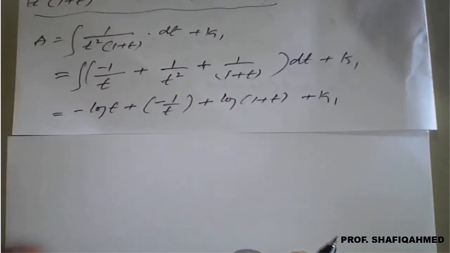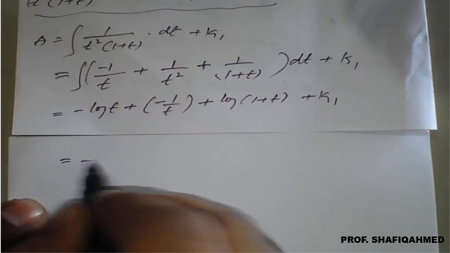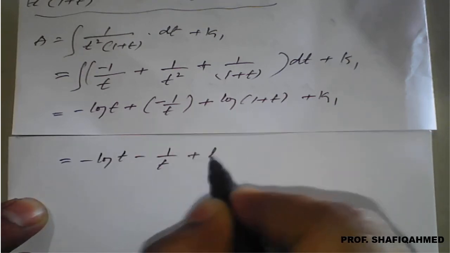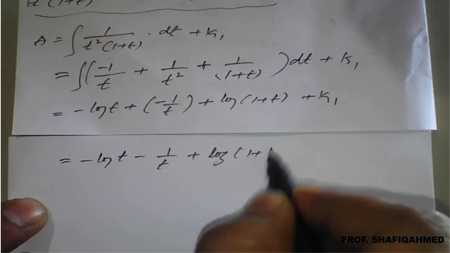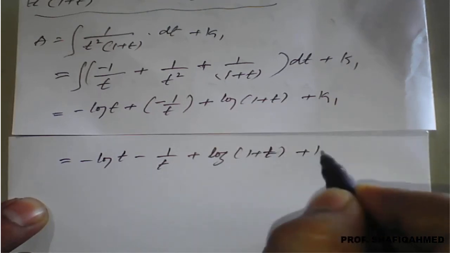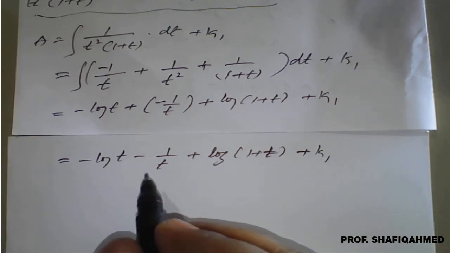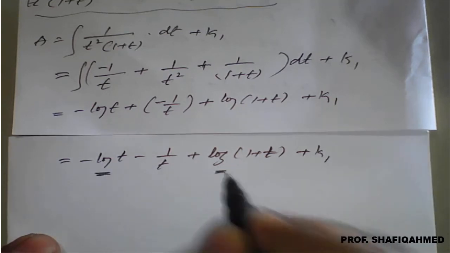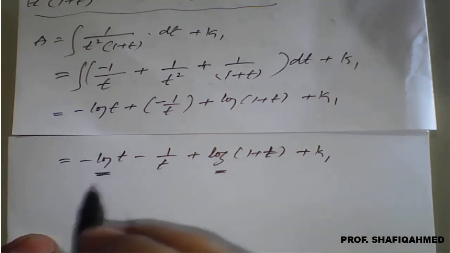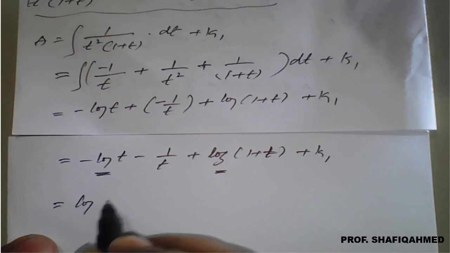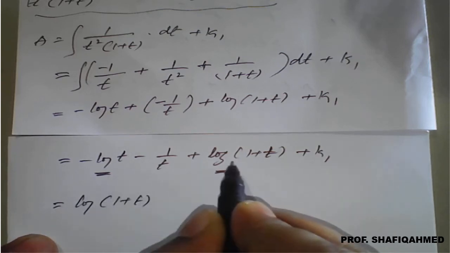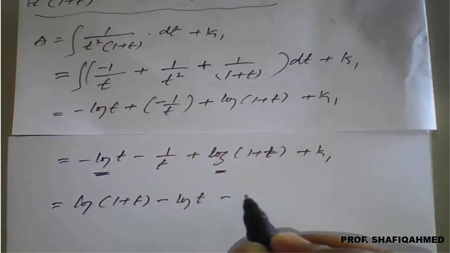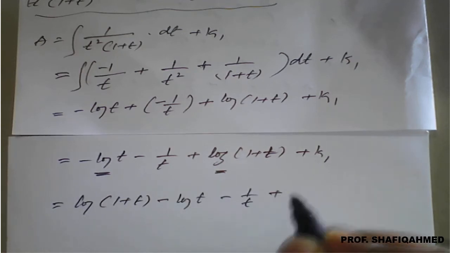So which is nothing but minus log of t minus 1 upon t plus log of 1 plus t plus k1. So you have to again replace the value of this one, but here we have two log values. So I will rewrite this one, log of 1 plus t, because of plus I have taken this first, then minus log of t minus 1 upon t, I will write last, plus k1.